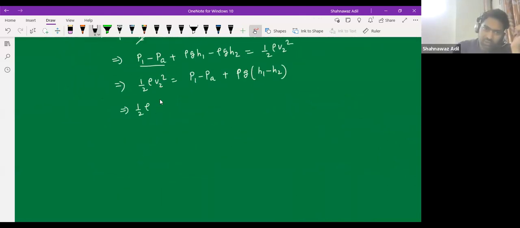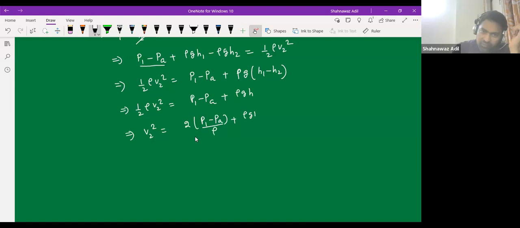So half rho V2 square is P1 minus PA plus rho g H. And if I take this rho to the other side, V2 square would be 2 times P1 minus PA by rho plus rho g H by rho, right? So this rho will cancel. And V2 would be how much?